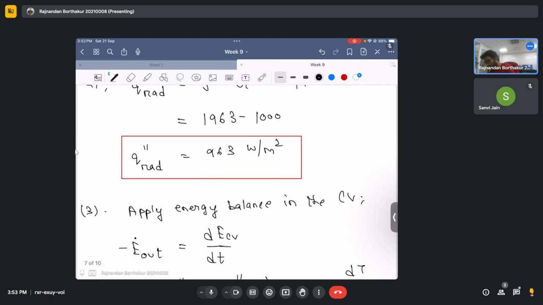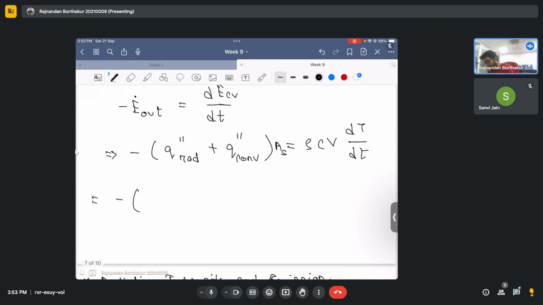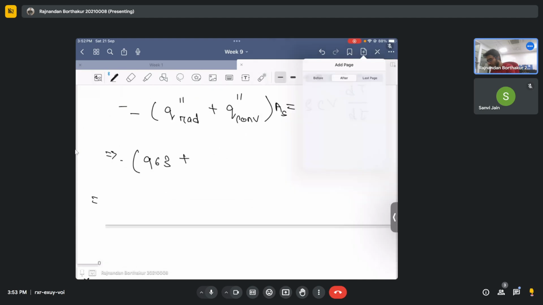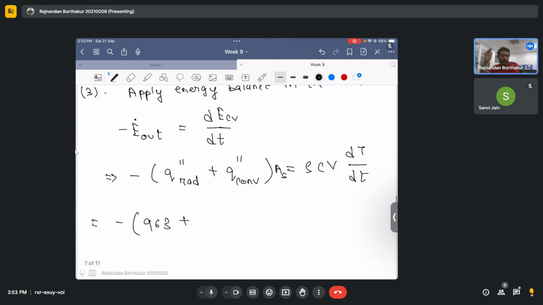Now we already know Q dot rad. How much is it? We calculated it as 963, which is the net radiation heat flux going out of the body. Plus, there is also one flux due to convection, owing to the fact that the ambient fluid has a heat transfer coefficient h infinity and a temperature T infinity. So it can be written as h infinity times the surface temperature minus the ambient temperature.